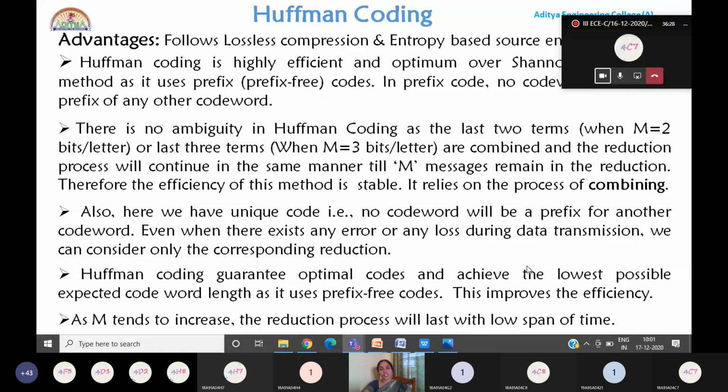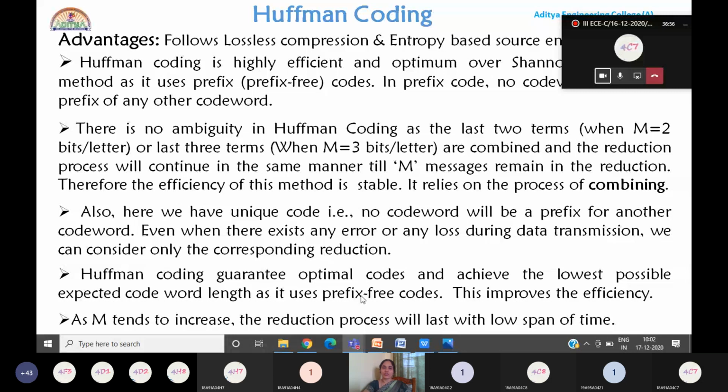So that's why there is a possibility of getting the lowest possible code word length. In the case of Shannon-Fano coding method, because it uses cumulative distribution function, we cannot reduce the average code word length. But in the case of Huffman coding, as it uses prefix codes, we can reduce the code word length.